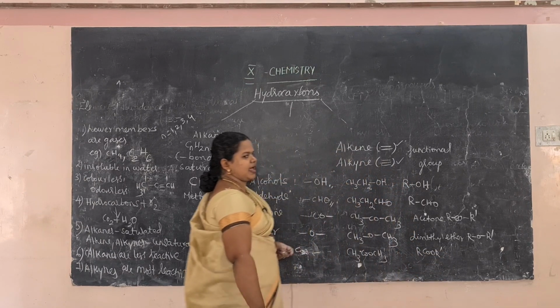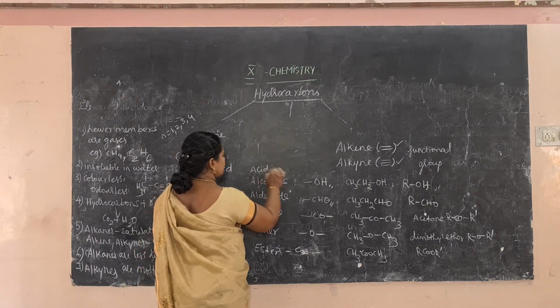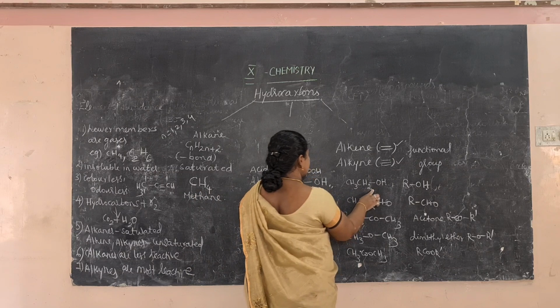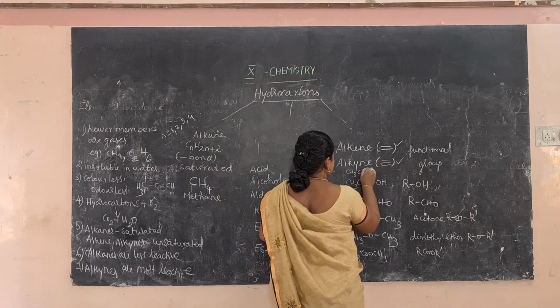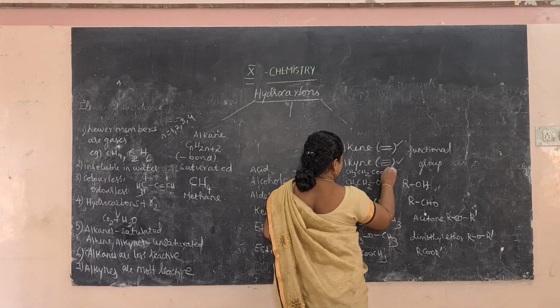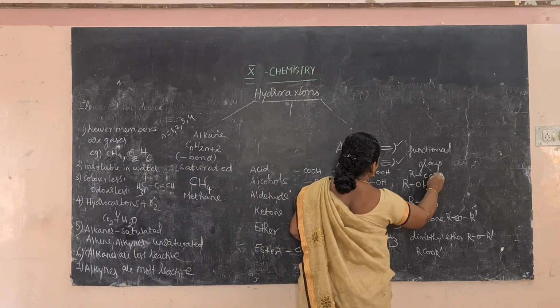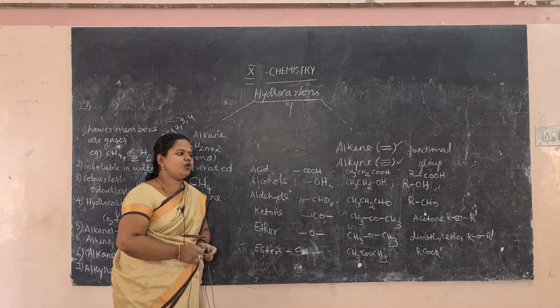Then for acid, the functional group is COOH. When you replace one hydrogen by the COOH group, we will get CH3CH2COOH. The general formula for acid is RCOOH. So the acid group is COOH.